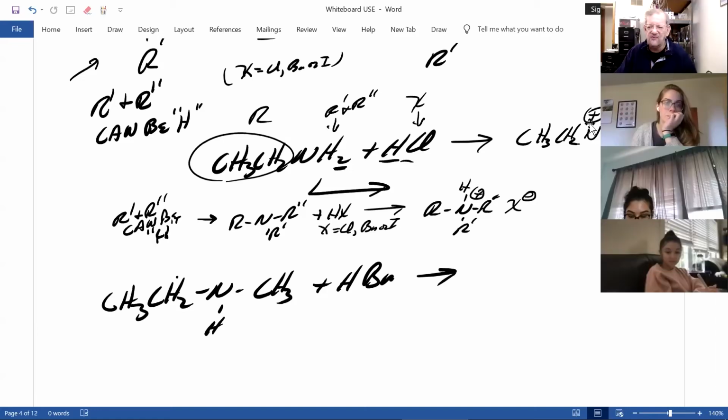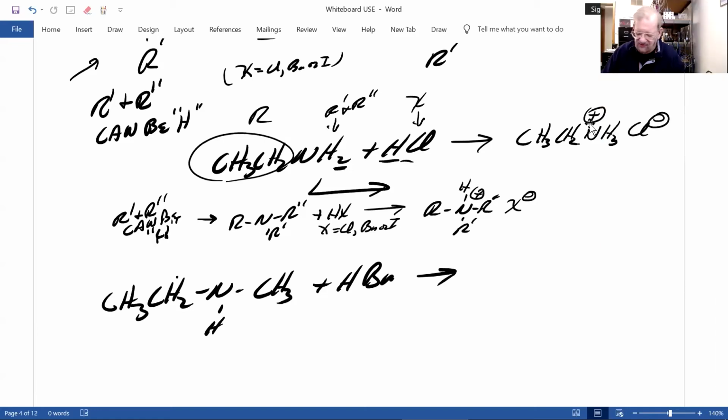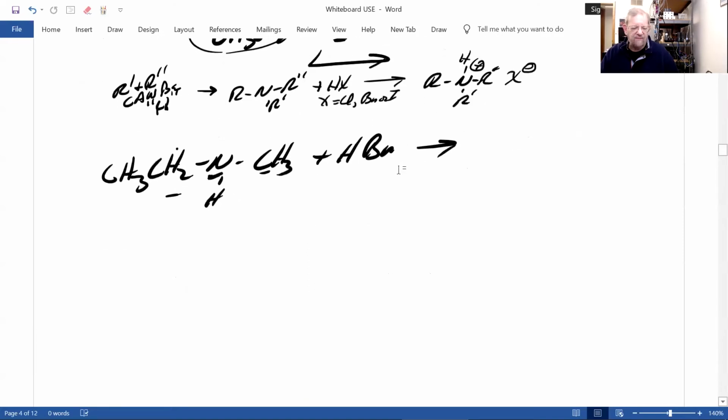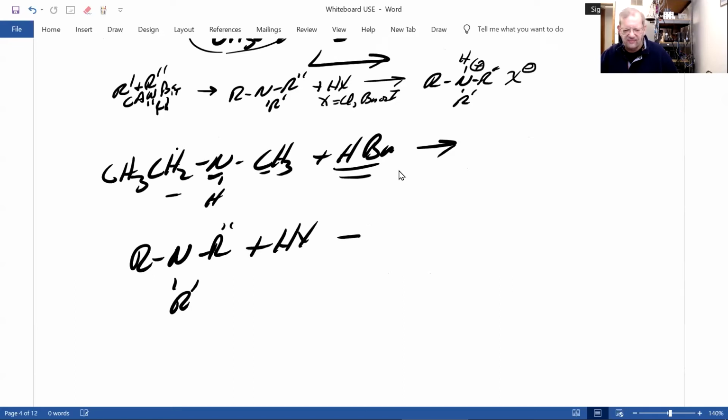All right, I think everybody's done. Let's take a look at this. What do I have? Ooh, a nitrogen with alkyl groups on it. I have a secondary amine, but it could have been a primary amine or tertiary amine. Why? Because I'm reacting it with acid, HX. And X can be chlorine, bromine, or iodide.